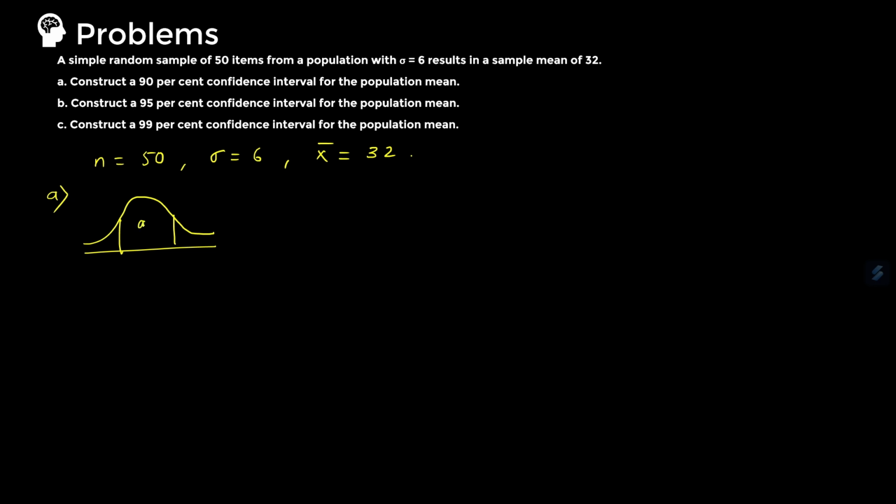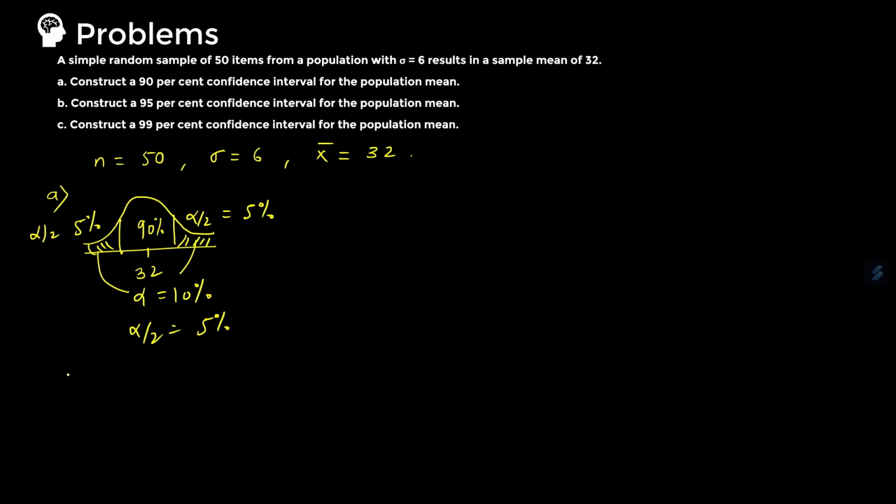So the middle portion is going to be 90%. In the middle lies our mu. If it is 90, then we are left with alpha, which is 10%. So alpha by 2 is 5%. This is our alpha by 2, which is 5%, and this is also going to be 5%, alpha by 2.